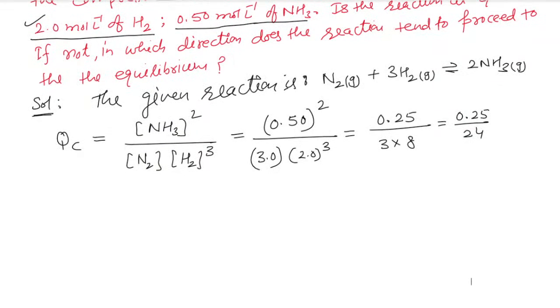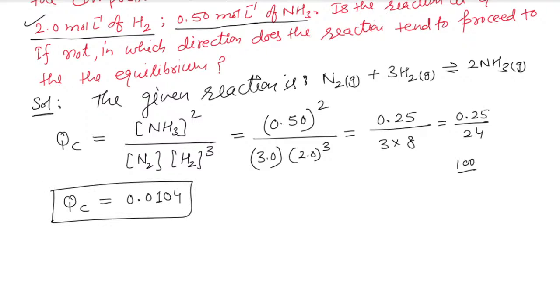very close to 25. That means Qc is almost 0.01. Okay, but it is 25, so say it becomes 100, means 0.0104. That is the Qc. Now compare it with Kc.